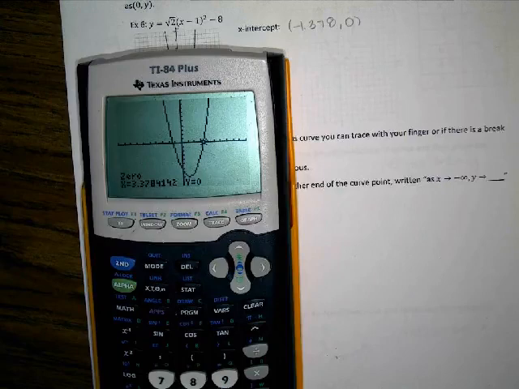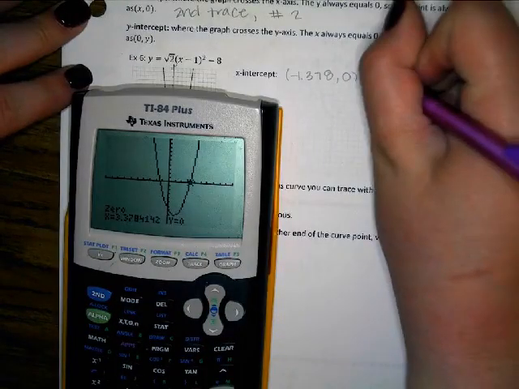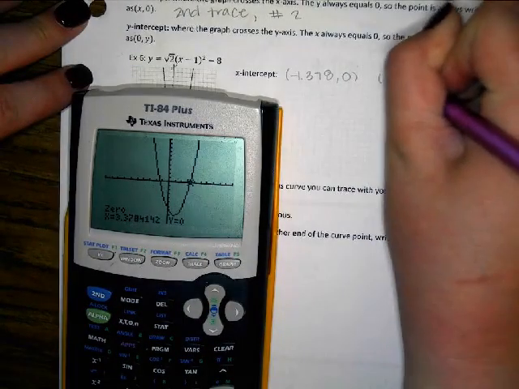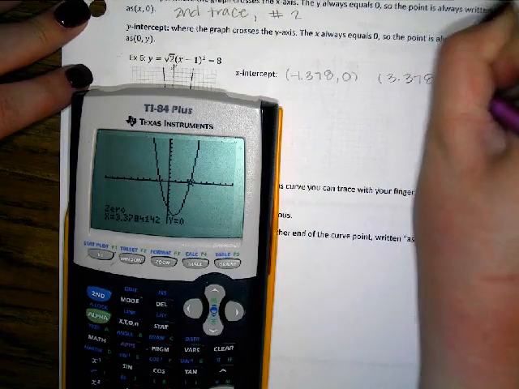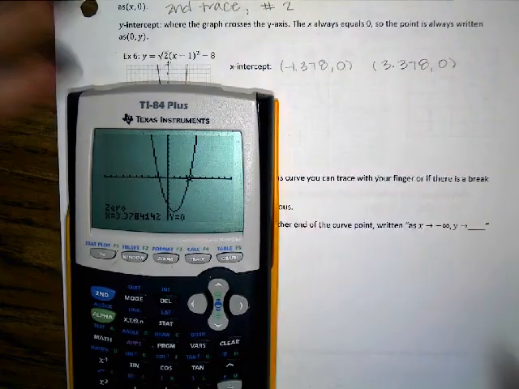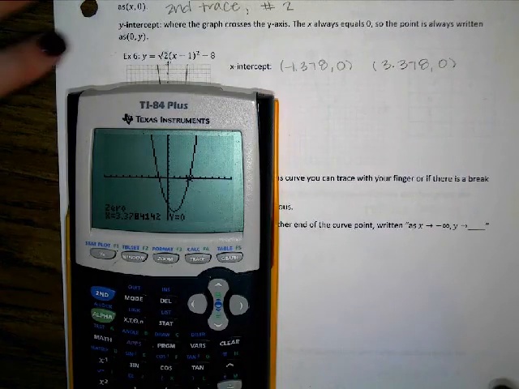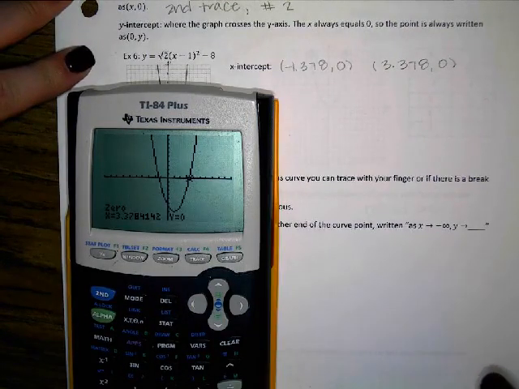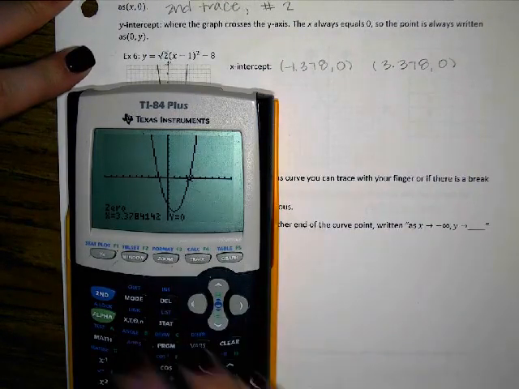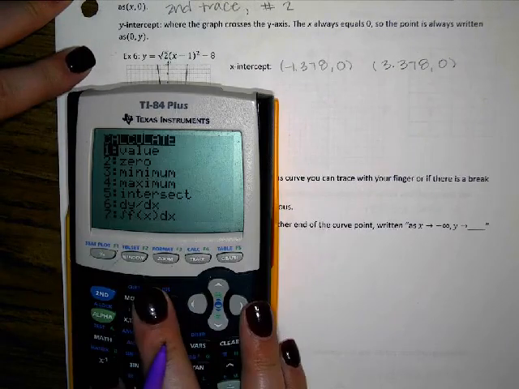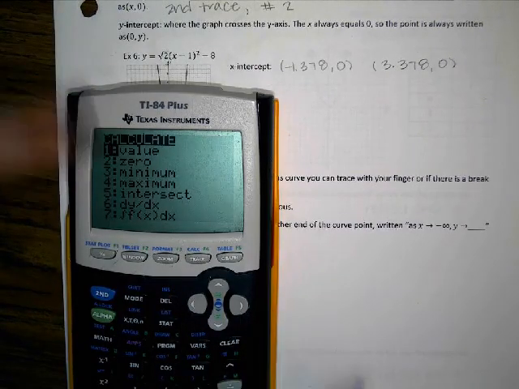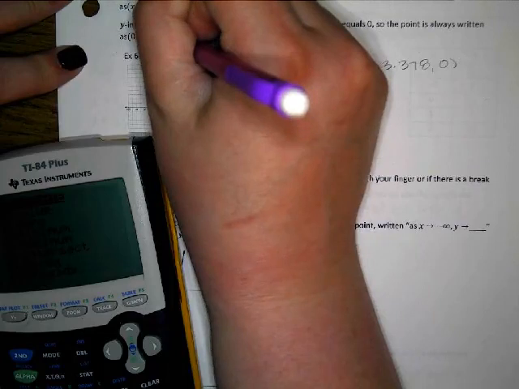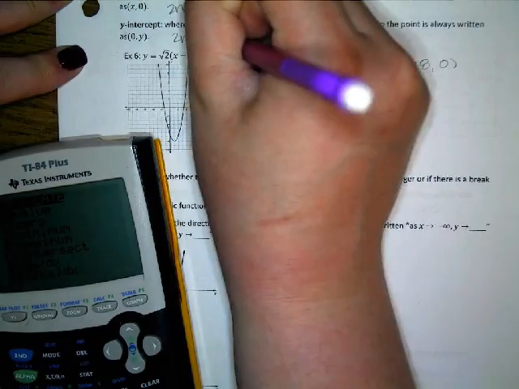All right. To find the y-intercept, we're still going to go back to that menu. We're going to do second trace, option number 1 this time. This option allows you to plug in any x value that you want.